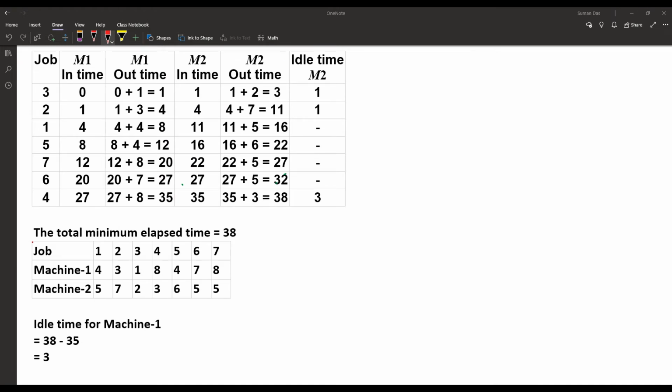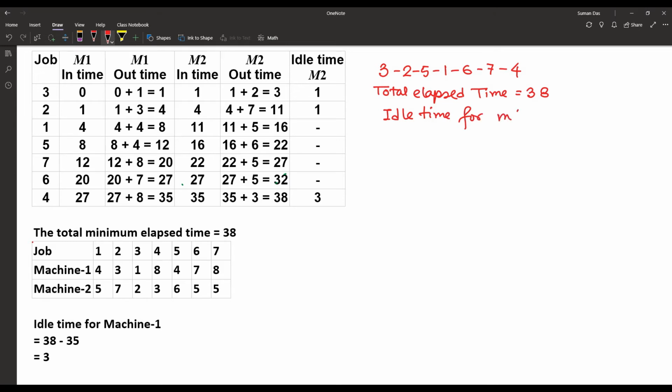If we look at the previous video, there we will find for the same problem once again the sequence was 3 2 5 1 6 7 and 4, and there the total elapsed time was 38, and the idle time for machine M1 was 3 and for machine M2 was 5.